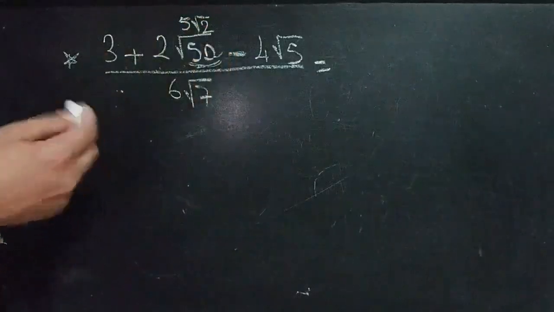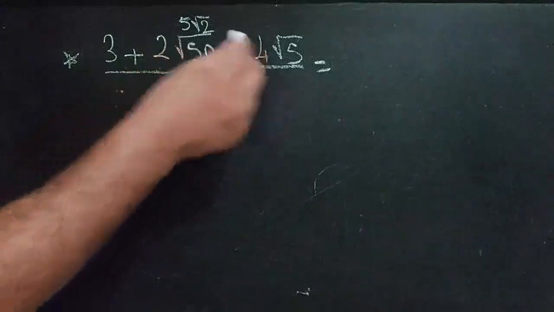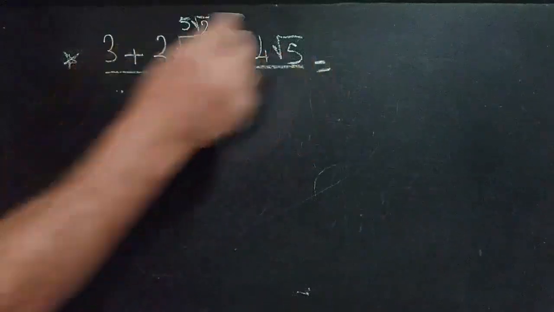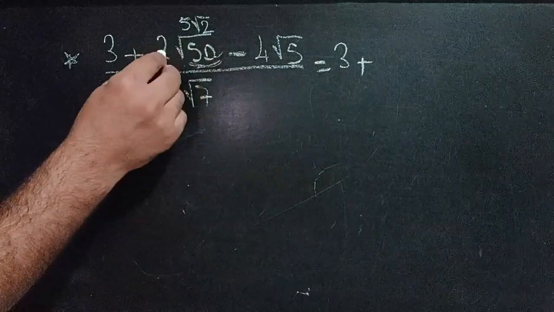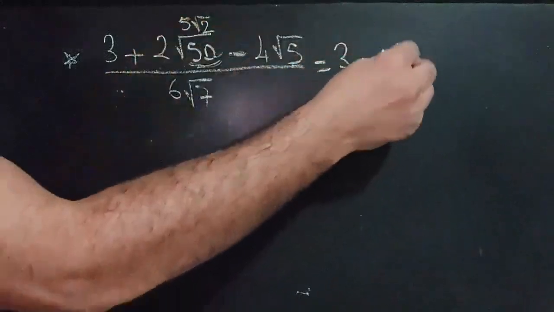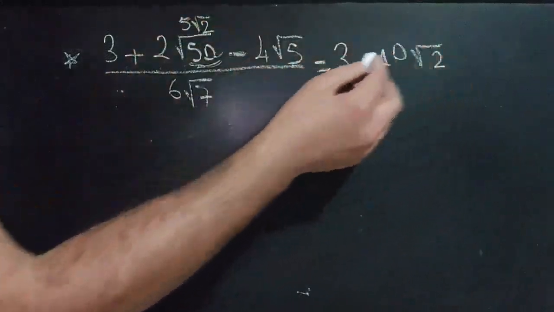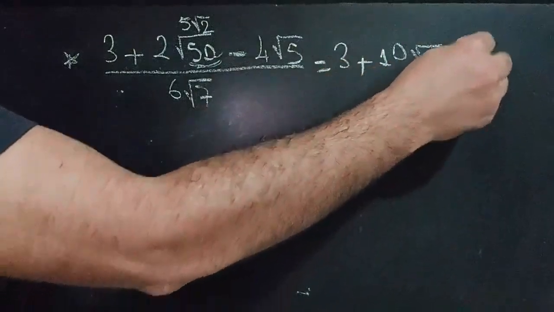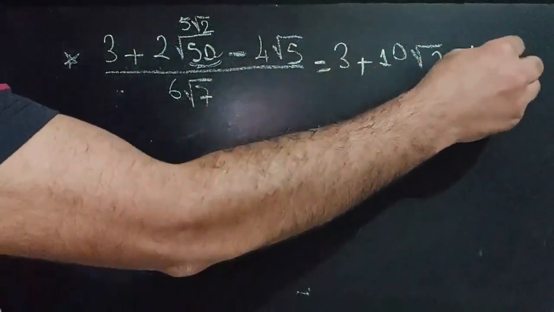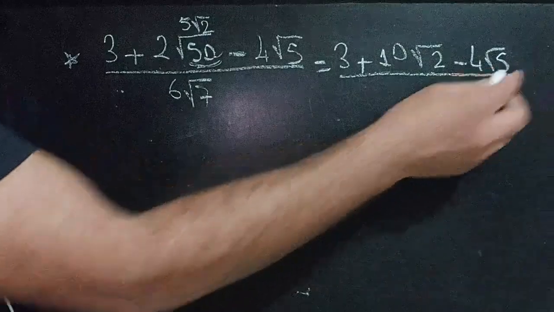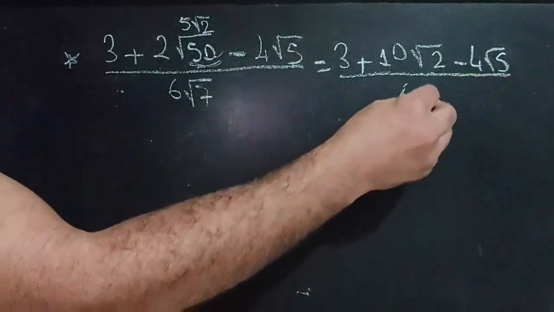Alright, so now that will give me 3 plus 2 times 5, 10 square root 2 minus 4 square root 5 over 6 square root 7.